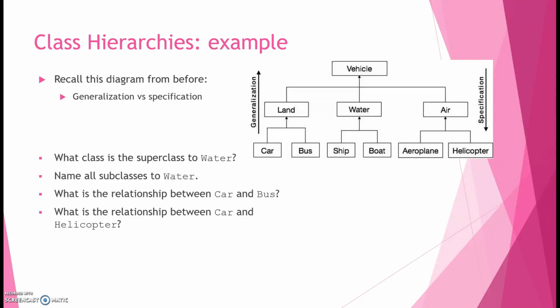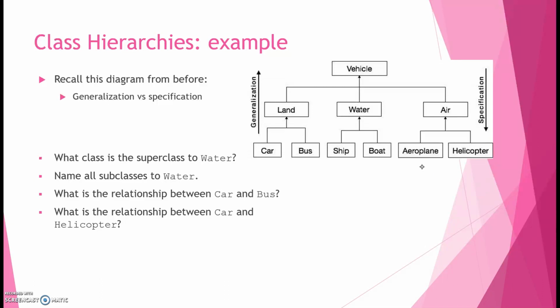Okay, if we look at this example, we have a vehicle superclass. And vehicle is a pretty broad term. There are lots of types of vehicles. And so we have land, water, and air. And then in each of those, we have two more subclasses: car, bus, ship, boat, airplane, and helicopter.